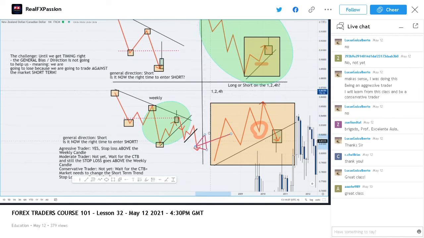So when you enter here, just an example, you wait for the bearish candle, you wait for the counter trend line break, and you wait for the market to make a lower low on the short-term trend on the weekly. And this example, everybody, applies for the relationship between the daily and the 1 hour, 2 hour, 4 hour chart too. It works exactly the same way.